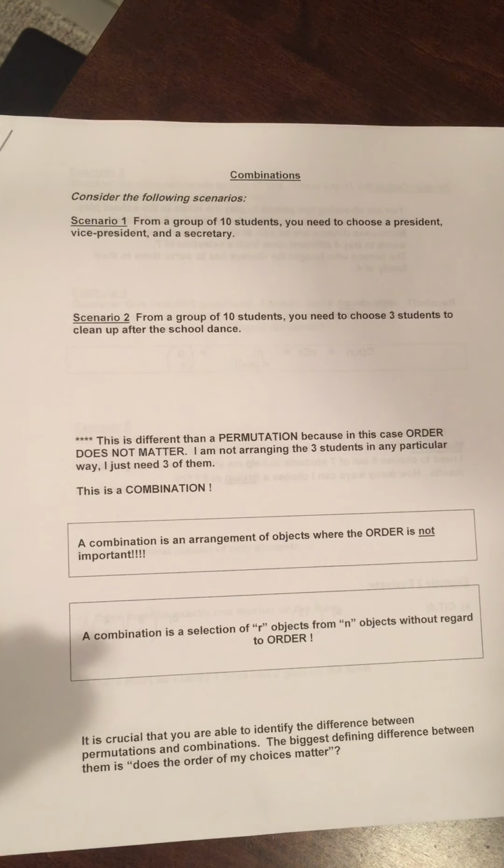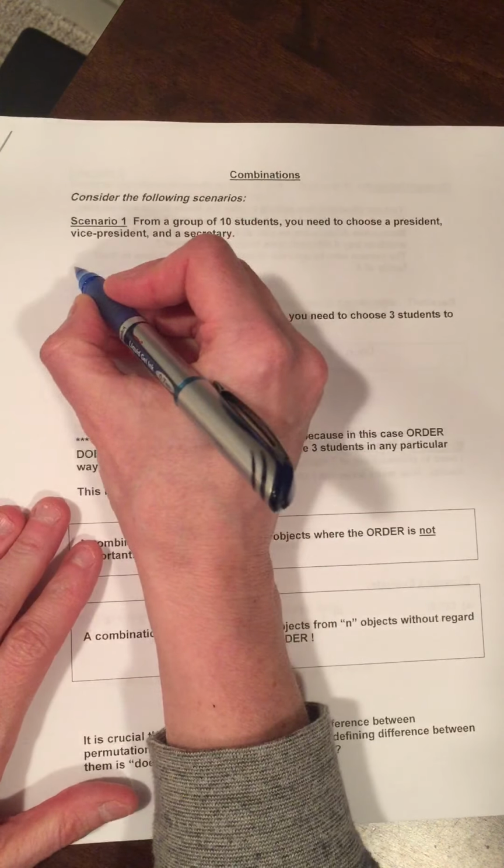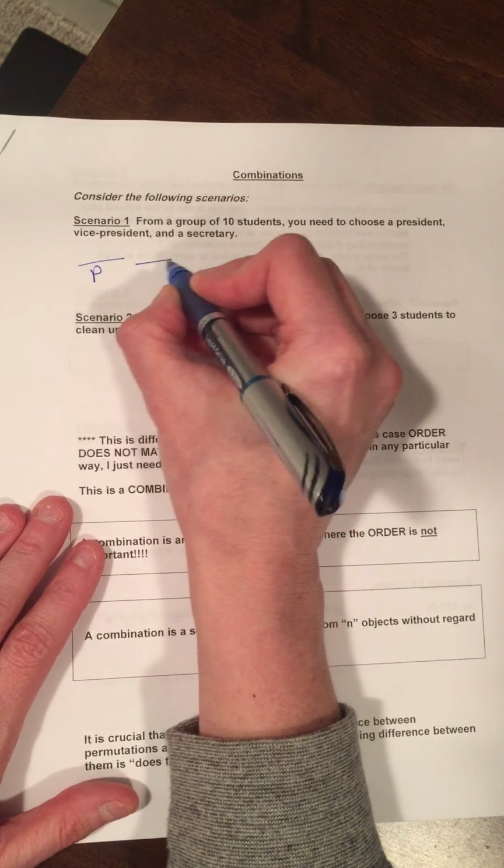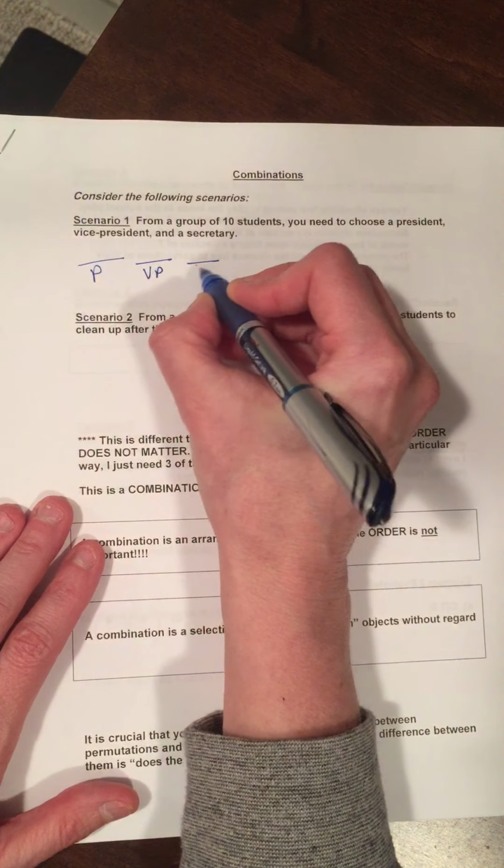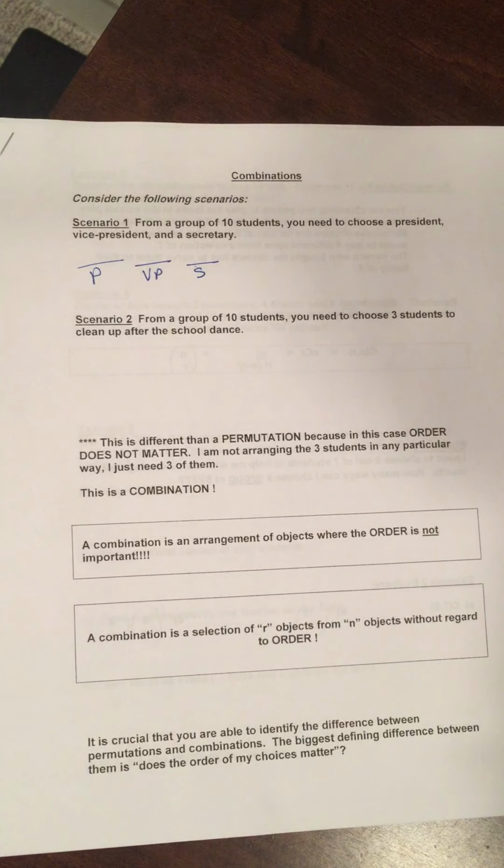So this is very much a classic permutation scenario, where you have 10 people on a club and there are 3 positions of authority: president, vice president, and secretary. And all 10 people are interested in the positions because obviously they want to put it on their resume.